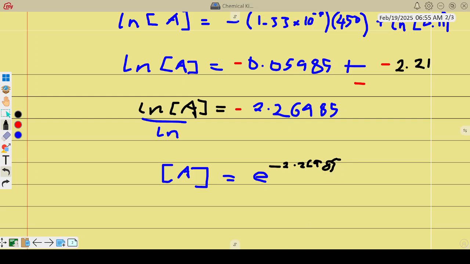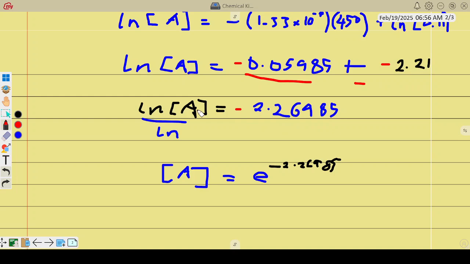Are we together to this point? You have to make sure you understand this lesson. For my own satisfaction, I like to make sure that you've followed. So when you say negative this minus this, you get this value, negative 2.27.